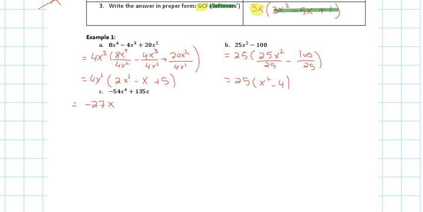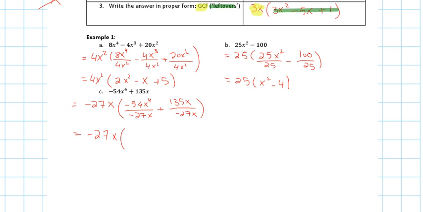Okay? Do you see that? Okay, so if I want to simplify, I will have negative 27x, so this is my greatest common factor.